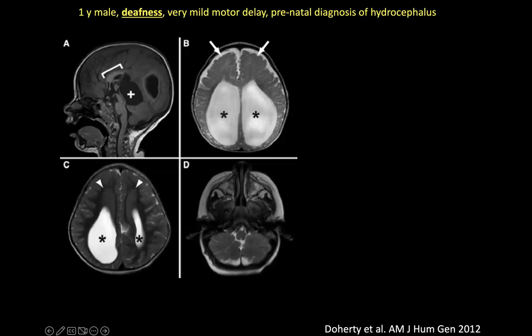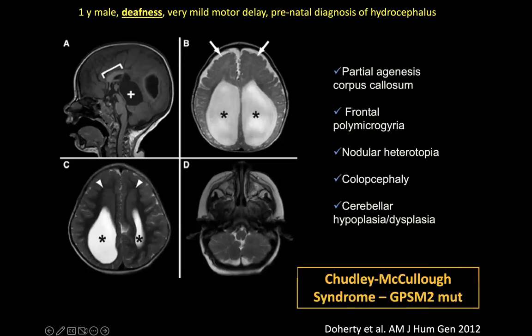Inferior cerebellar dysplasia is somehow common and non-specific, but when you see it in the context of deafness and this associated malformation of the brain, this is again pattern recognition. There is only one possible diagnosis, which is Chudley-McCullough syndrome due to GPSM2 mutation.